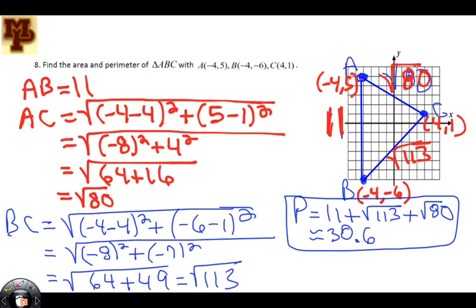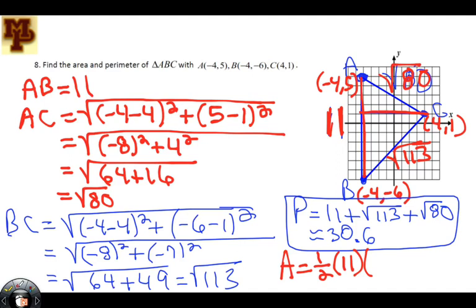So this is like this triangle on its side, okay, so this is the height, and this would be the base, turned sideways. So area equals 1/2. The base then would be 11, and then we've got to figure out the height.